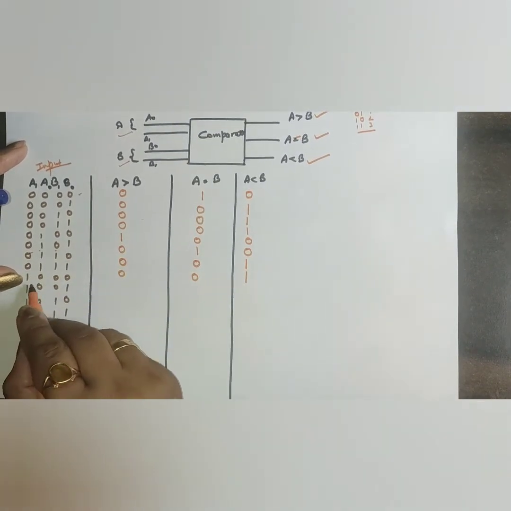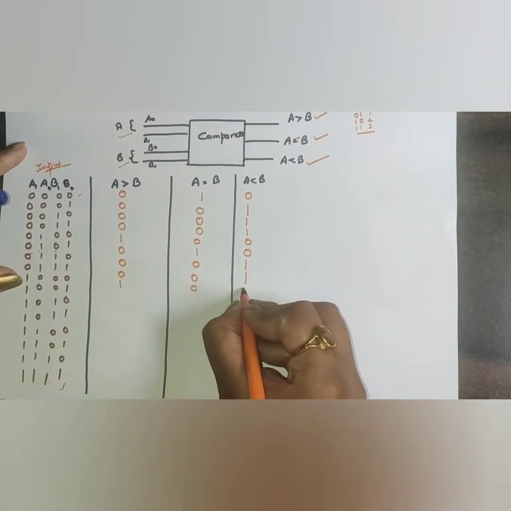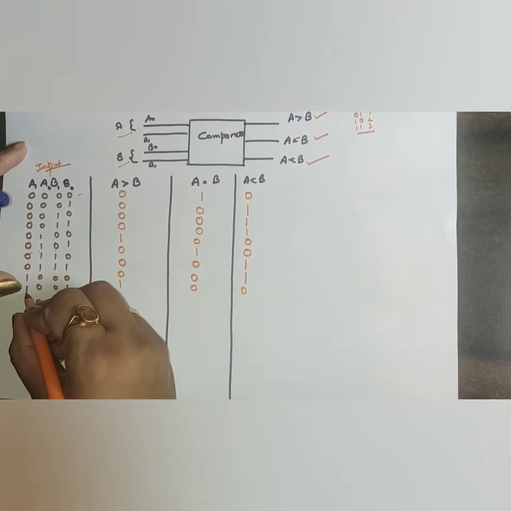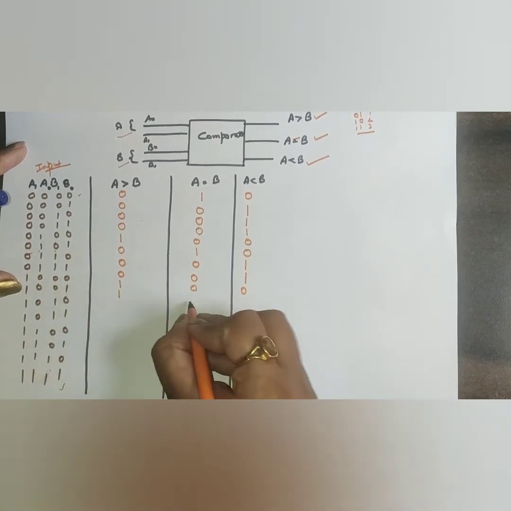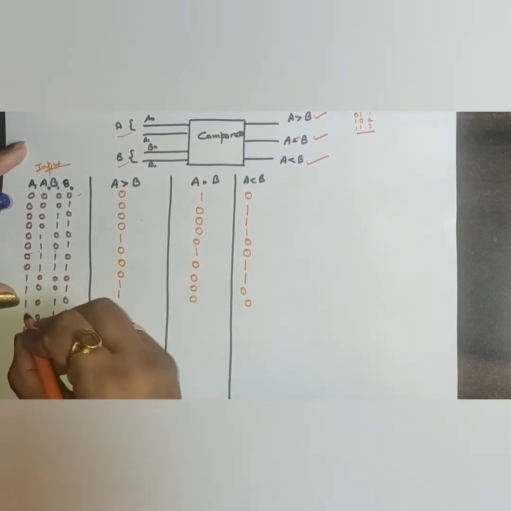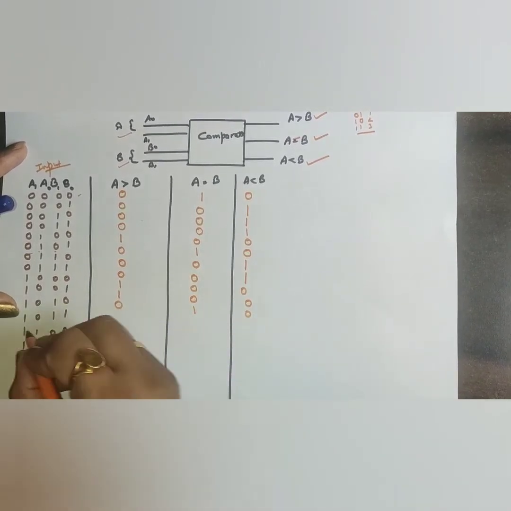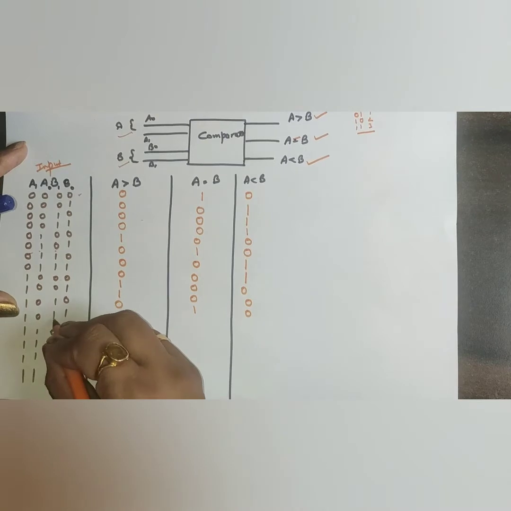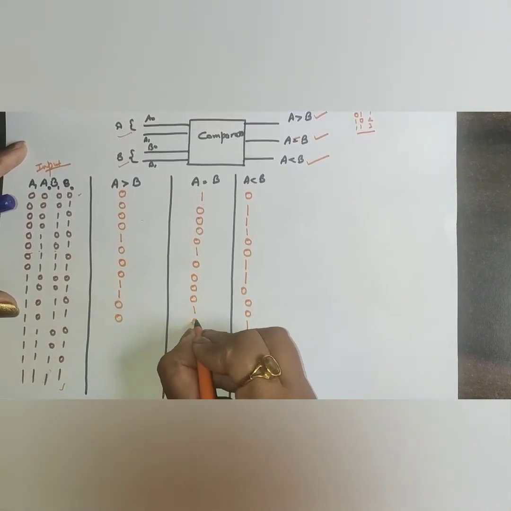Now here 1 0 0 0, A is greater than B, 0 and 0. Now 1 0 0 1, 1 0 is greater than 0 1, so A is greater than B, 0 and 0. Now 1 0 1 0, then 1 0 1 1, so A is greater, 1 0 and 0.